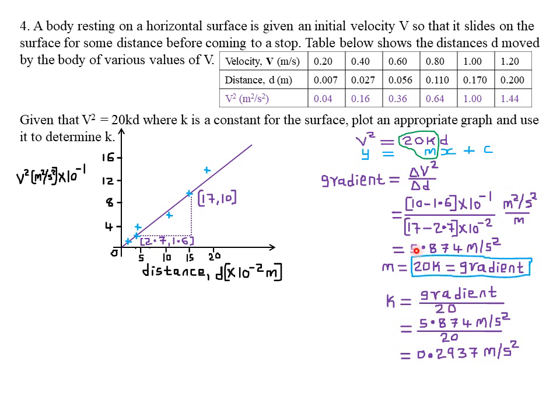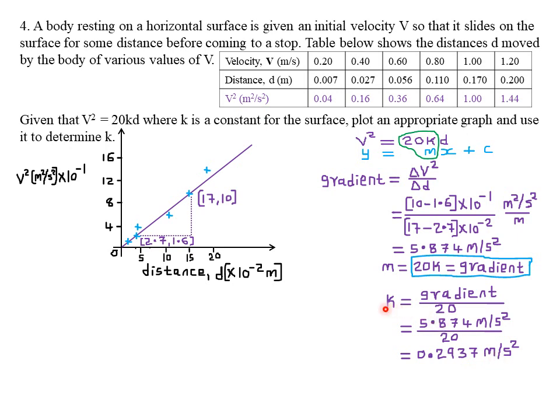But we already have the value of the gradient as 5.874 meters per second squared. Therefore, k is equal to 5.874 meters per second squared, divided by 20. So this gives us 0.2937 meters per second squared as our value of k.